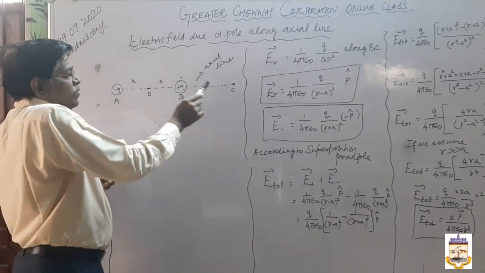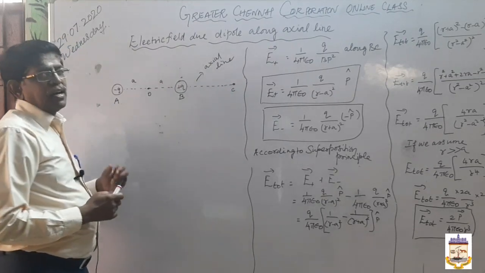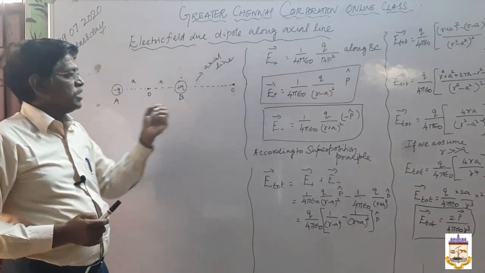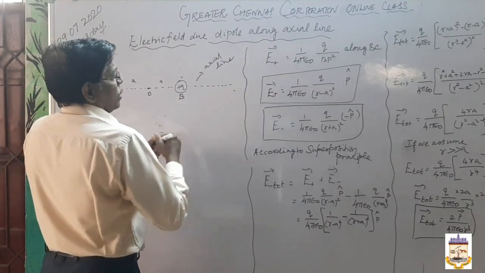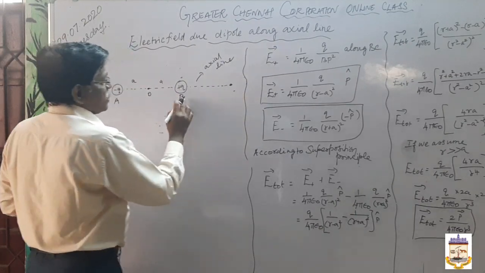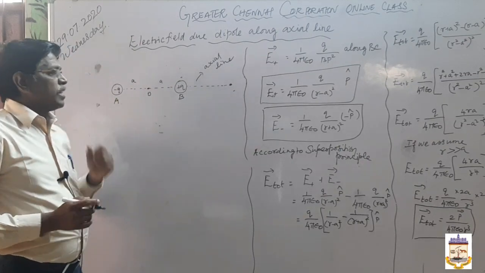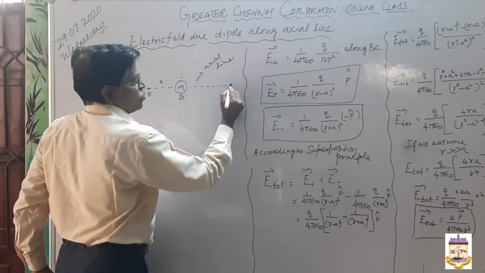Now, what is the electric field at one point? I am assuming the reference point is C, that is, the point C is along the axial line. Now, you consider the positive charge. We know the electric field is always away from positive.